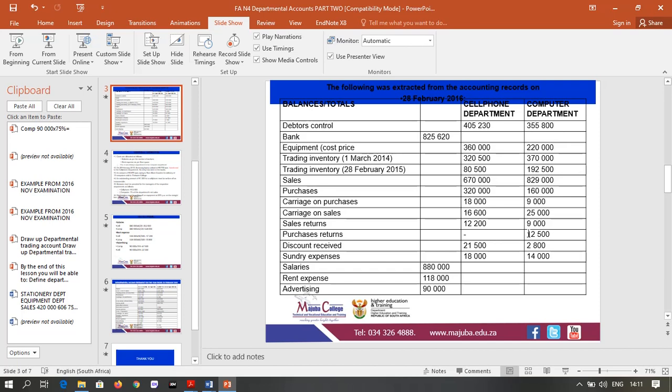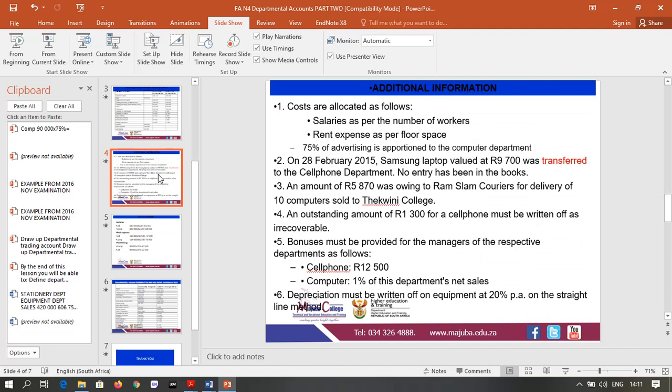Then purchases returns. There's purchases returns on the computer department, which means it's a minus 12,500. There's no purchases returns under cell phone. Then you go to additional information.